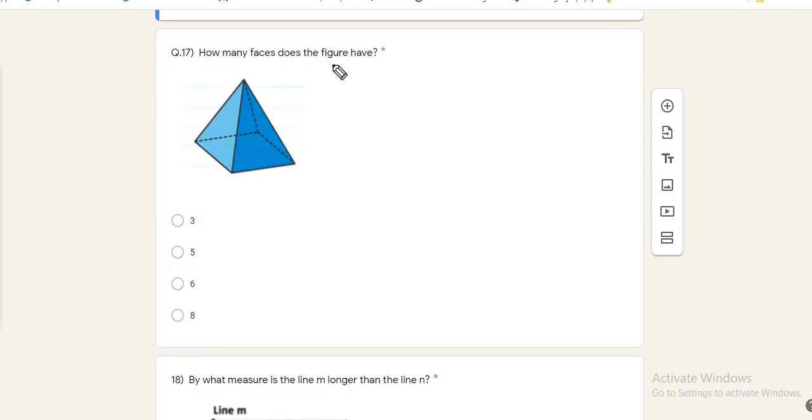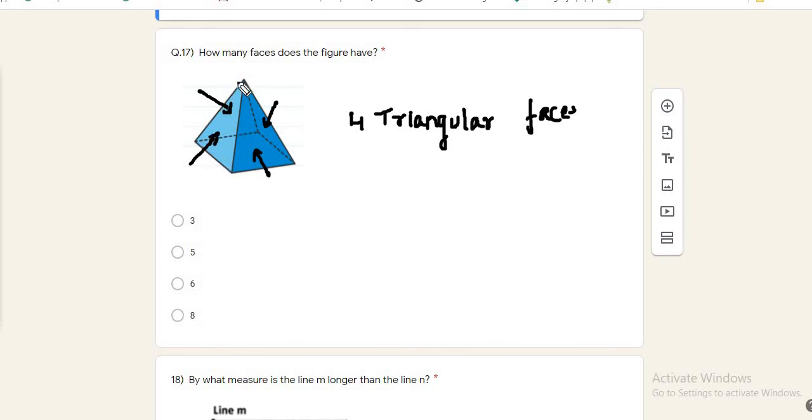Question 17. How many faces does the figure have? As we can see, there are 4 triangular faces. So this is one face, another triangle, the back one, the third triangle, and this is the fourth triangle.